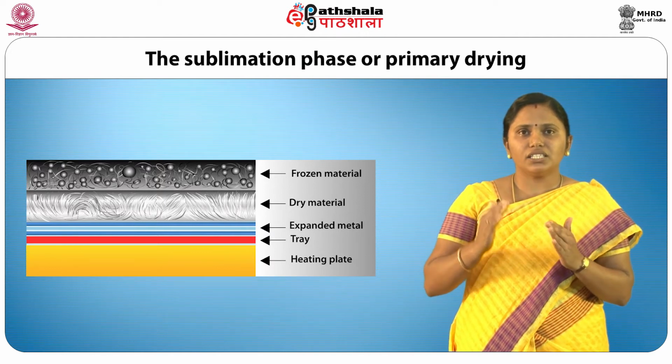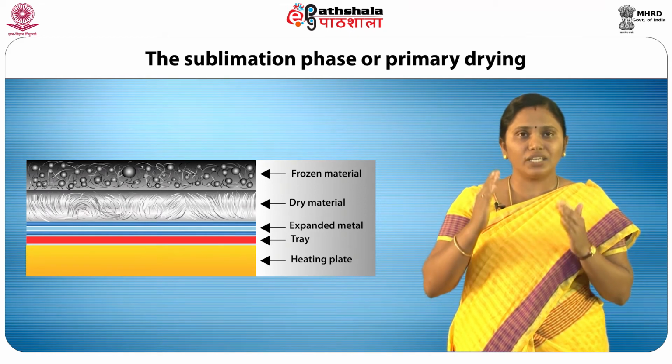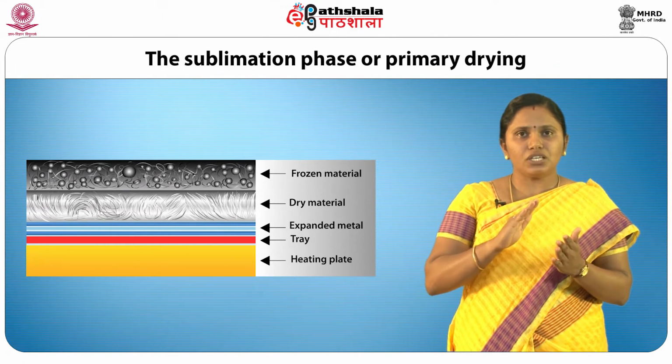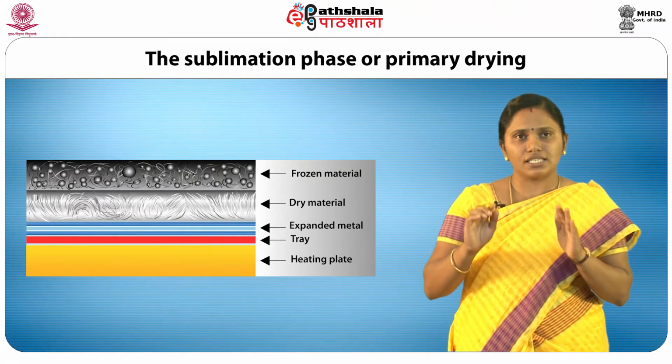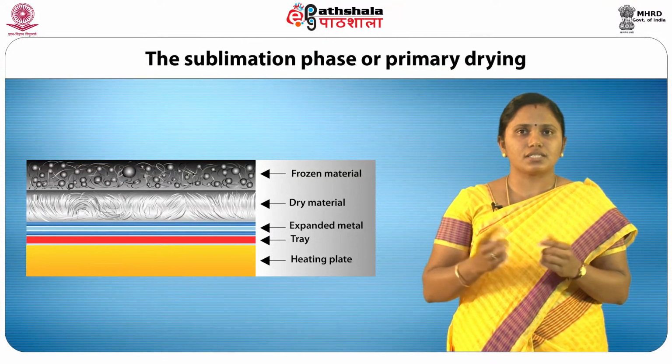The margin between the dried layer and frozen layer is known as the sublimation interface. The temperature of the sublimation interface is the critical parameter to be controlled in the primary drying process.